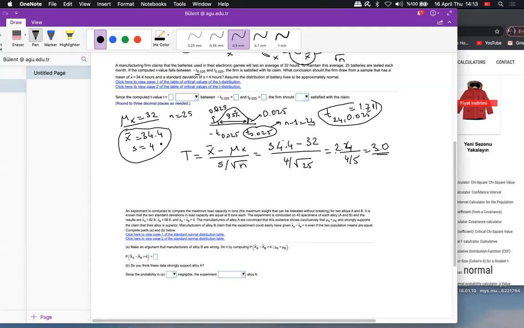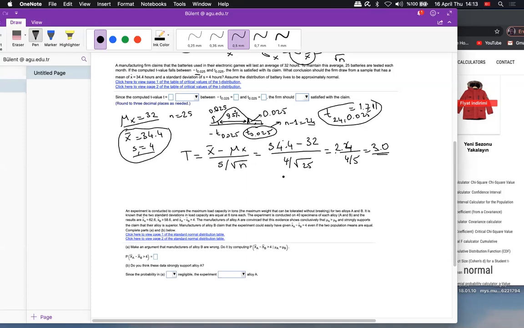This sample is like here, very far away, right? Somewhere here. So it is away from being in this region. So I would not be satisfied with this claim, okay? So it is out of what we wanted. So that's why we will not be satisfied with the claim.